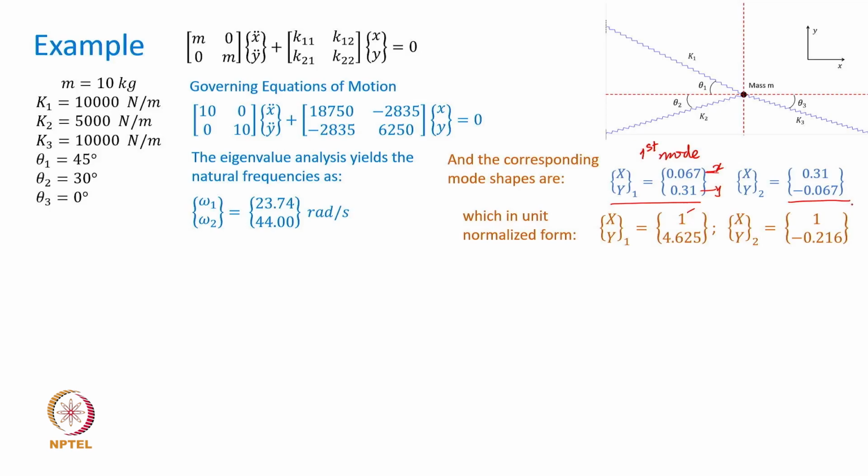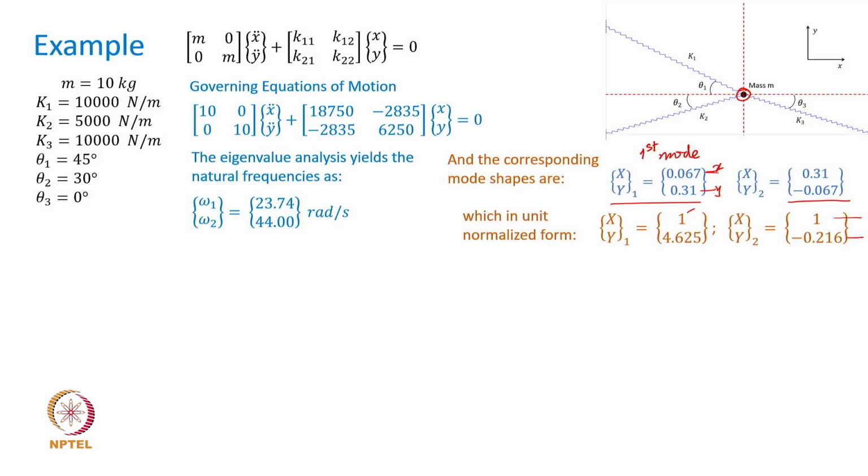On similar lines, when this mass executes vibratory motion at the second natural frequency, the displacement pattern will be such that when x has a unit displacement, then y at the same time will have a displacement value of minus 0.216.